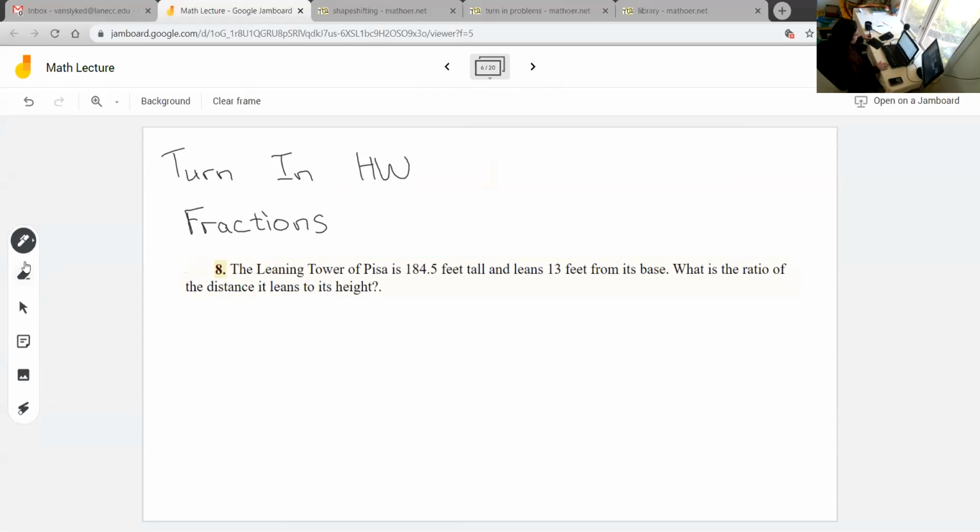Okay, so in the ratio we want the distance it leans. They're both distances. The fraction bar is like the word "to", and height. So we're just writing two numbers, one above the other. The only thing we could really do wrong is write the wrong one on top.